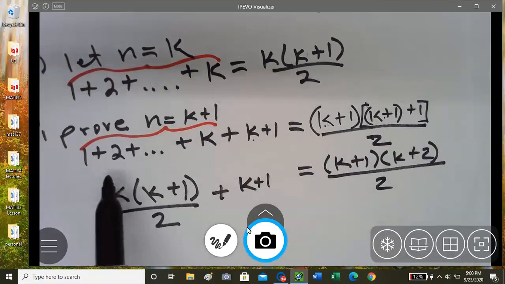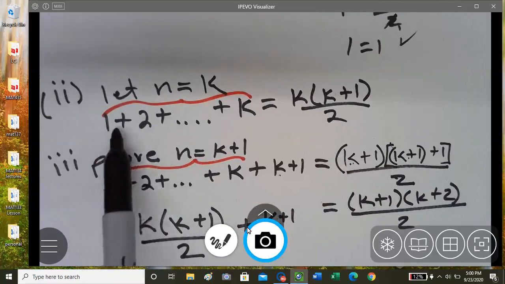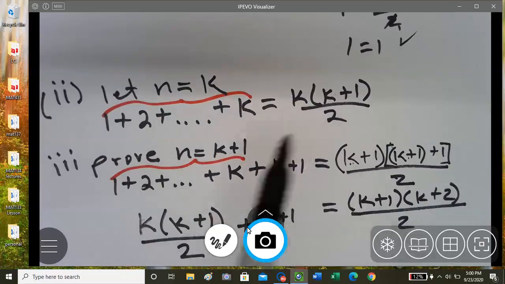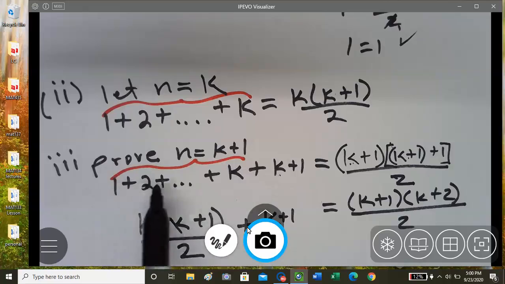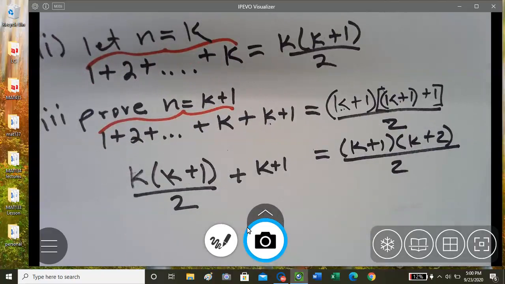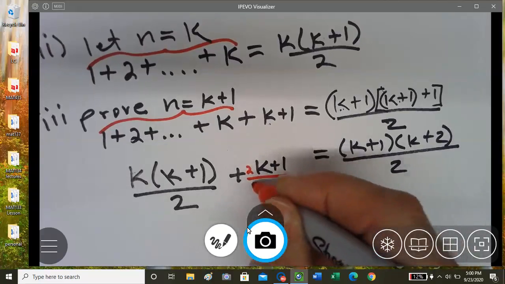So again, since in step 2 we had 1 plus 2 plus dot dot dot plus k equals k times k plus 1, we took this 1 plus 2 plus k and substituted that in with k times k plus 1, and we just brought this other k plus 1 down. So now we get a common denominator, so we've got to multiply by 2 over 2.